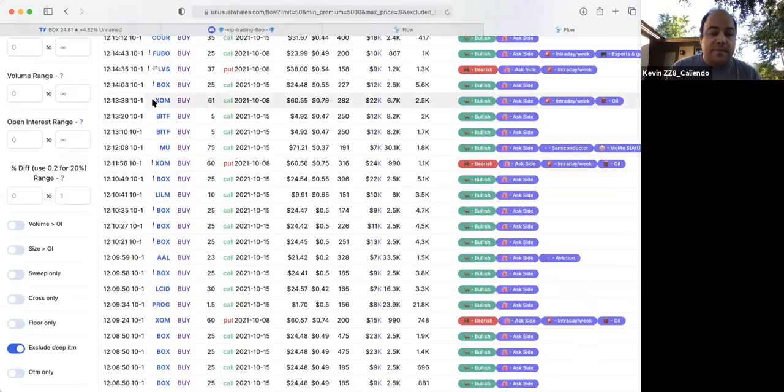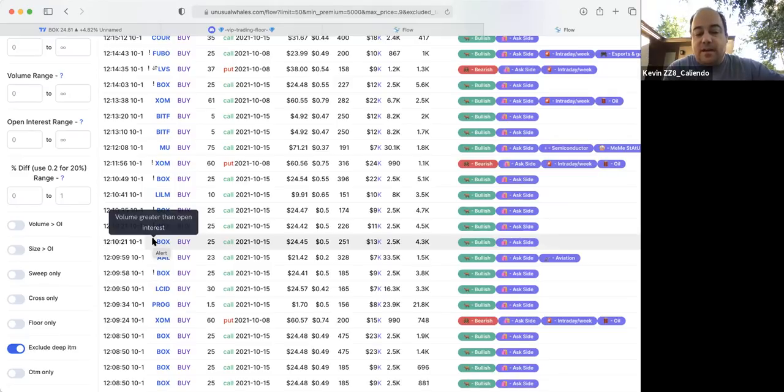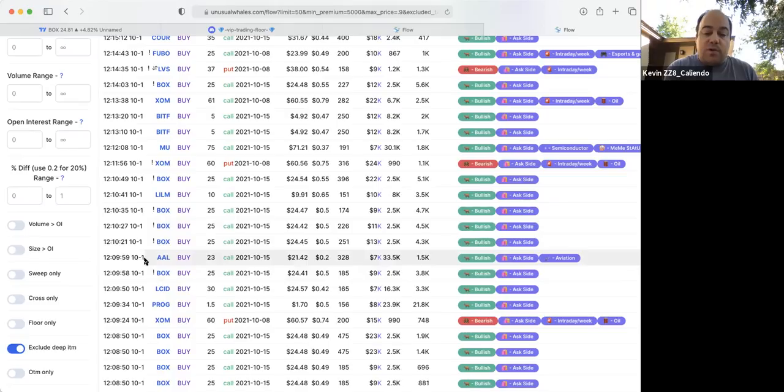orders came in, the volume exceeded the open interest, which just means that there was a big spike in demand for these particular call options. And because of my filter settings, they're all pretty big orders for a stock of this size.